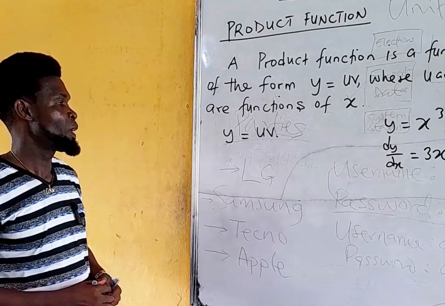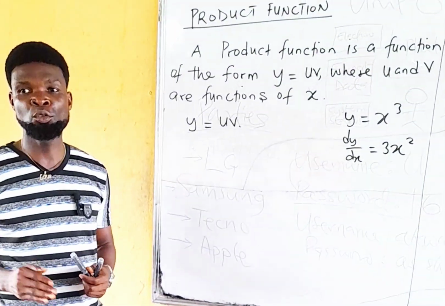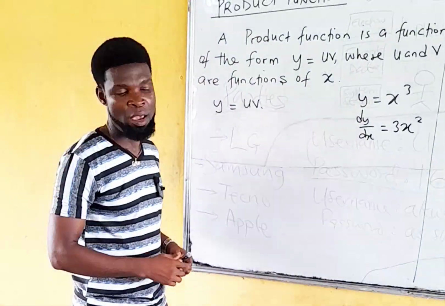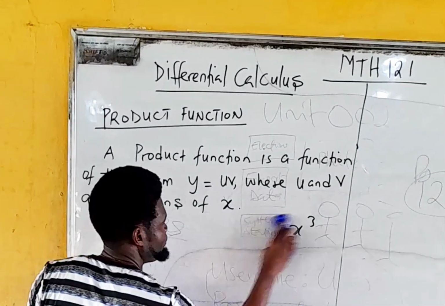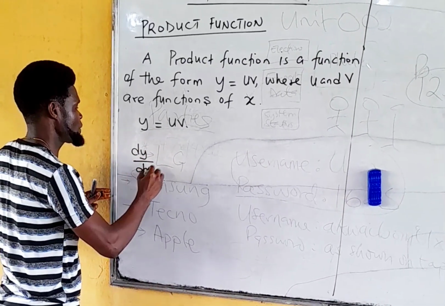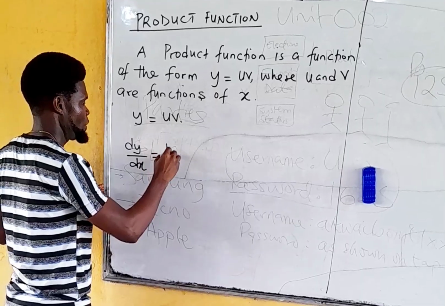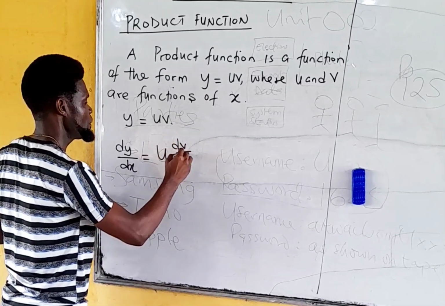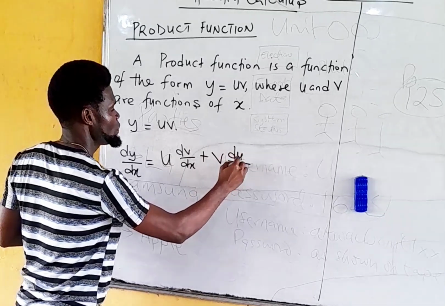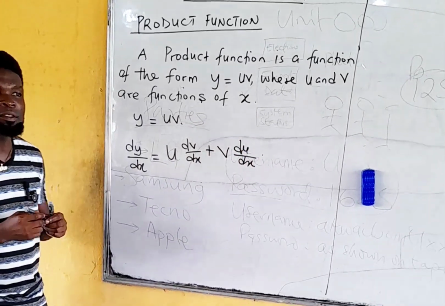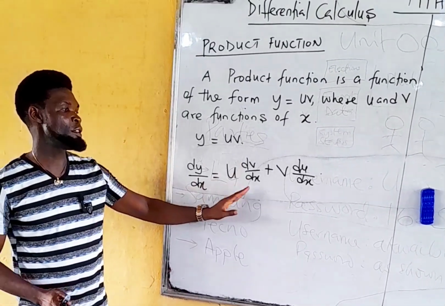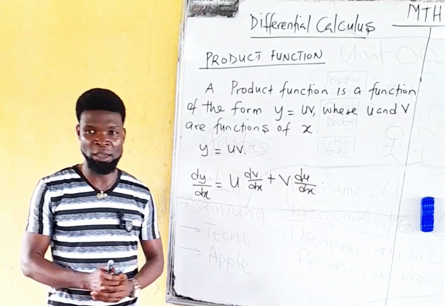We move on. Now, the next thing you need to note is that there is a formula for product function. And the formula for product function is dy over dx equals to u dv dx plus v du dx. That is the formula for product function. u dv dx plus v du dx.